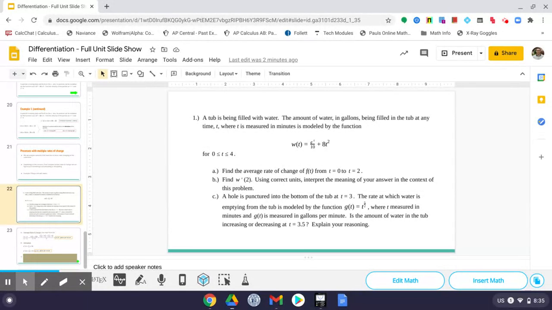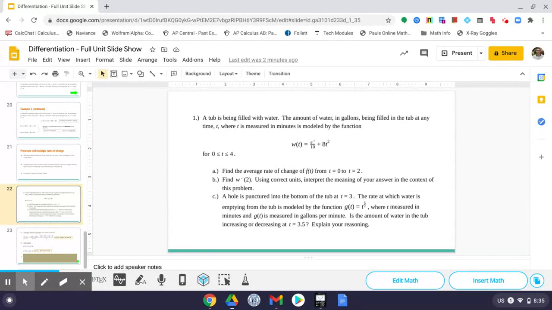We're given a function, g of t, that is already a derivative, because it says the rate at which water is emptying from the tub is modeled by g of t equals t to the 5 halves, and g of t is measured in gallons per minute. As soon as I know the output is gallons per minute, that's a rate of change. So I'm not going to have to take the derivative of g of t. I just need to use g of t as if it was already a derivative.